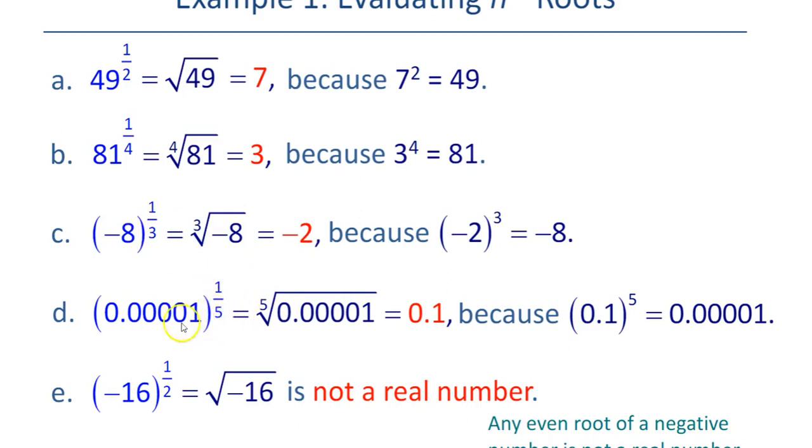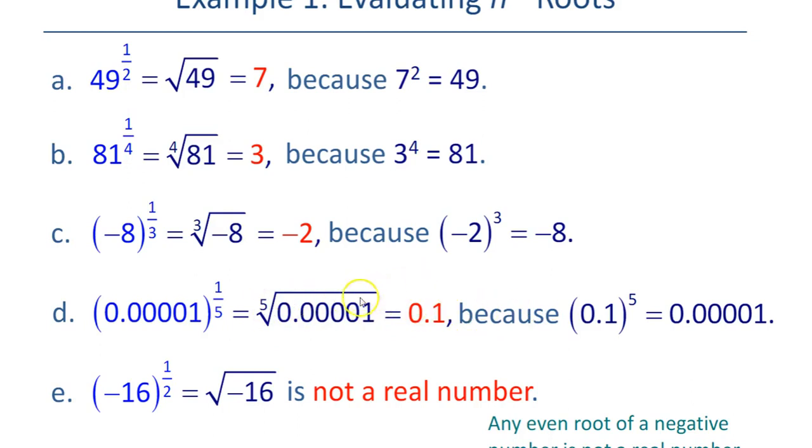And then here we've got this really long, very scary looking decimal that we're going to take the fifth root of. Notice they're just moving that decimal over 1, 2, 3, 4, 5. So you get 0.1.